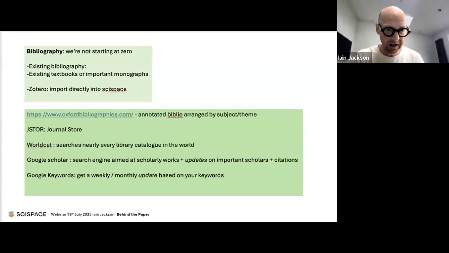And hopefully you're storing it in a bibliographic application, something like Zotero. And that's great because you can import that straight into SciSpace and begin to process it again. But what I'd like to draw your attention to as well is online bibliographies that already exist. So, for example, Oxford University Press have the Oxford bibliographies, and you can search by theme or lots of different disciplines, and it'll pull up an annotated bibliography.